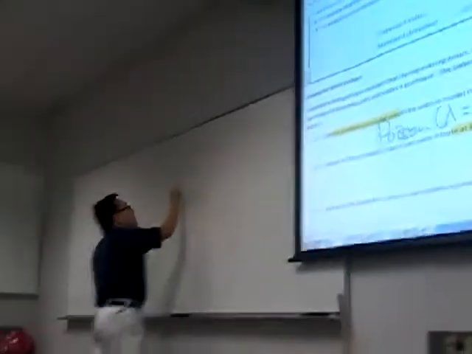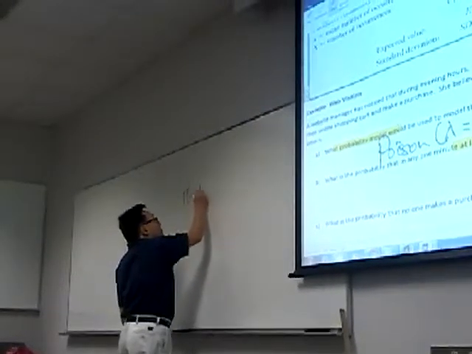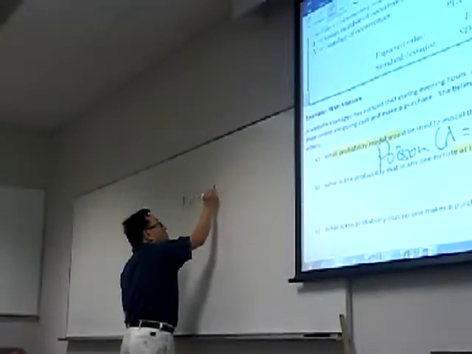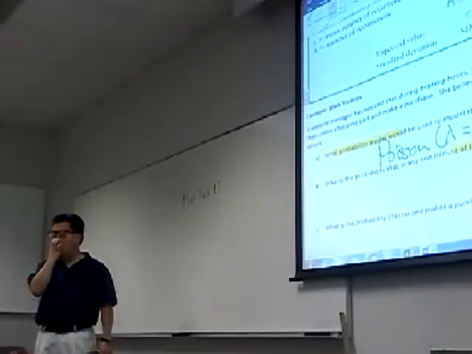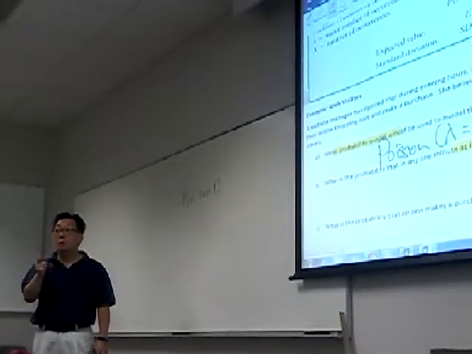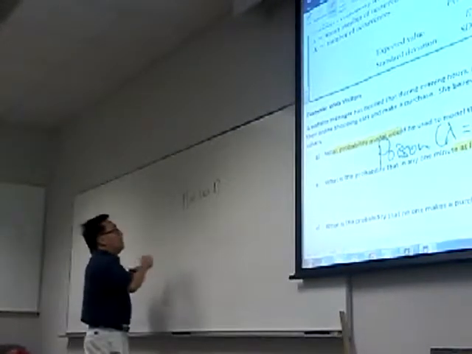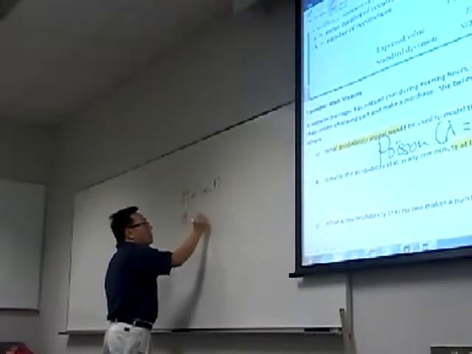Probability at least one. What does it mean? At least one, 1 or greater. 1 or more.